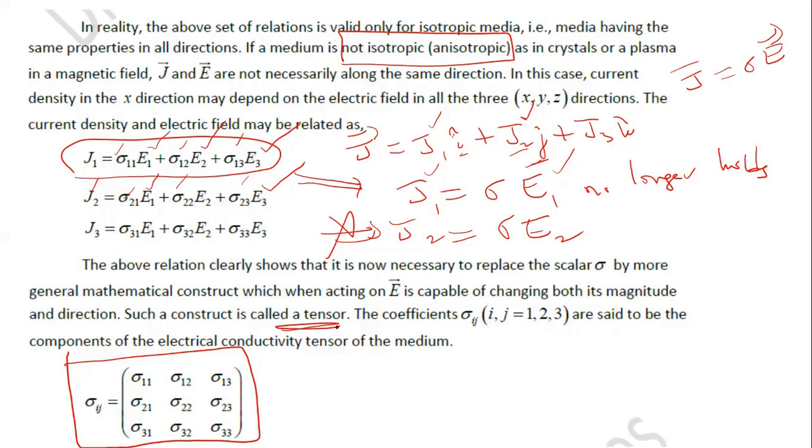In fact, later on we will see that all scalar quantities and vector quantities are also special cases of tensors. So in higher physics, we can represent any engineering or physical quantity as a tensor.